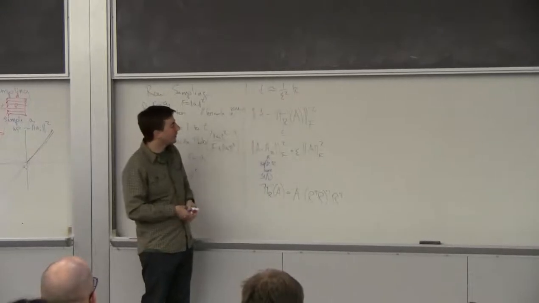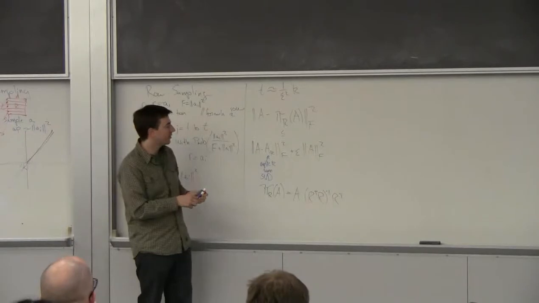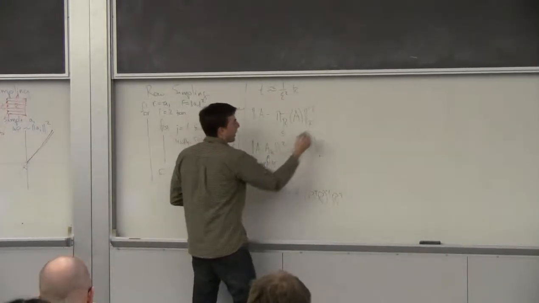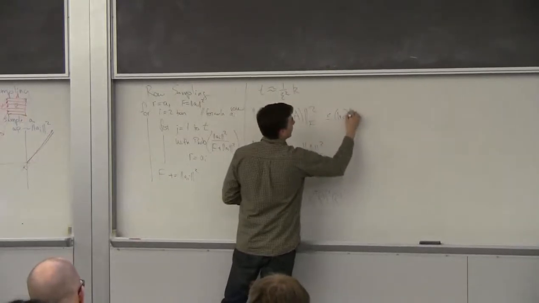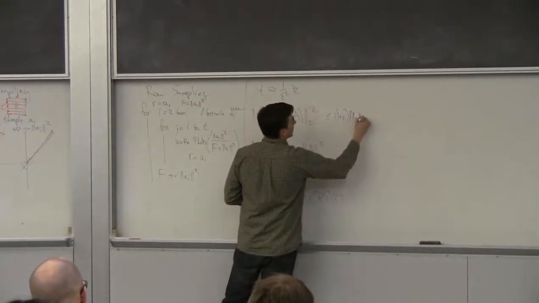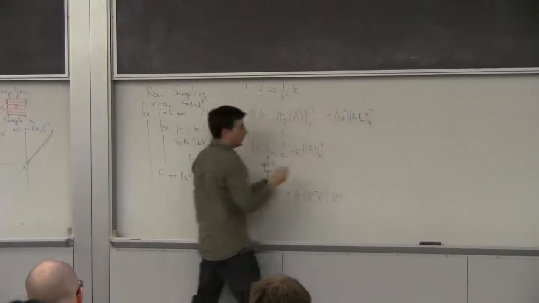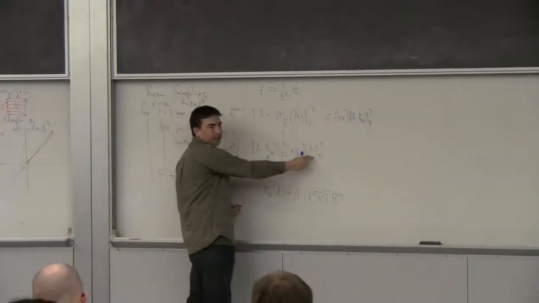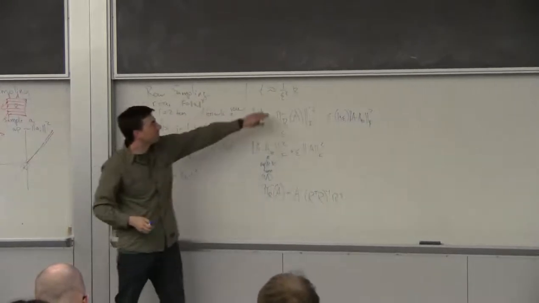You can get a slightly better error bound if you do something you can't do in a stream. Instead of this bound, you can say 1 plus epsilon times A minus A_k. So this term turned into just the tail instead of all of the mass here. But this number is really big.